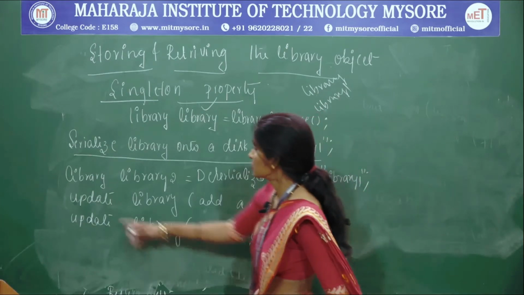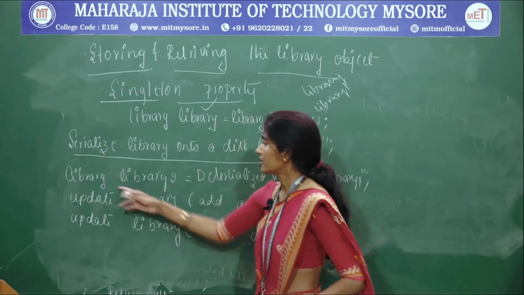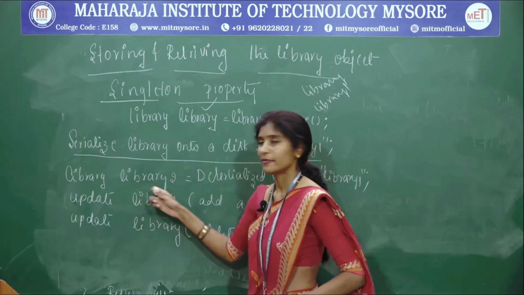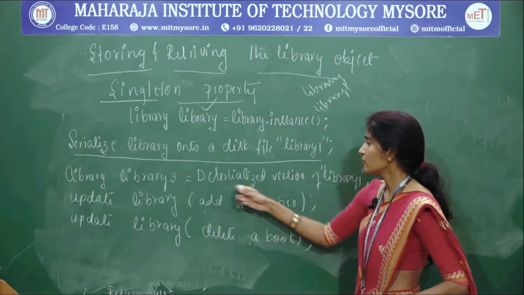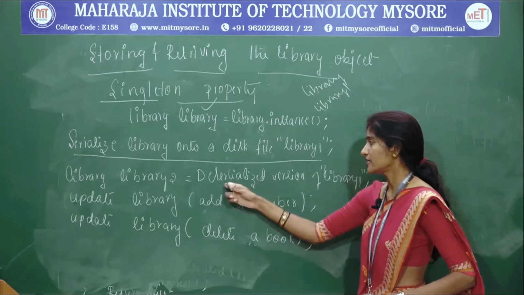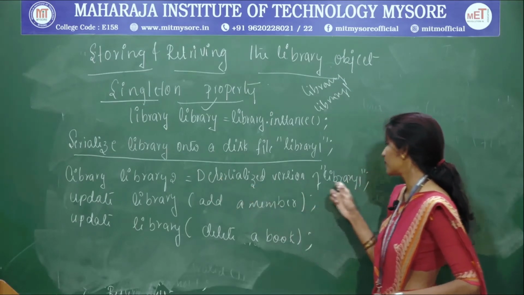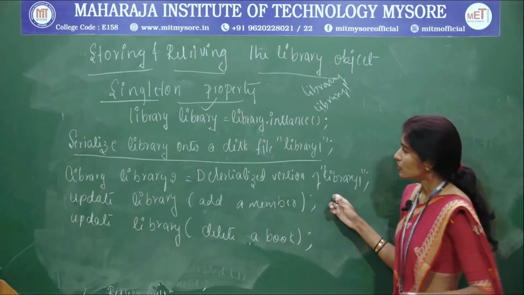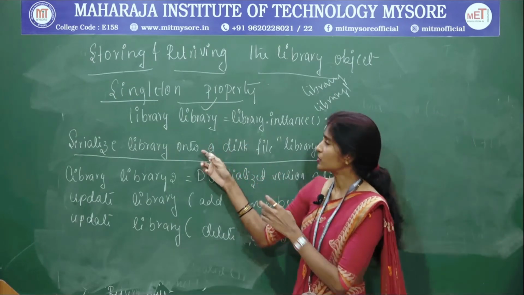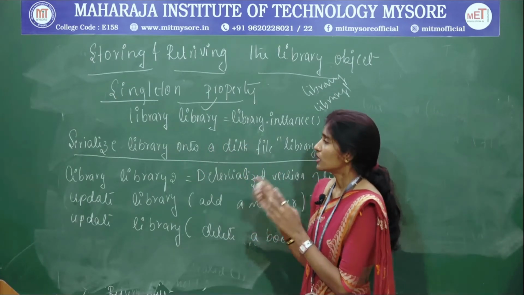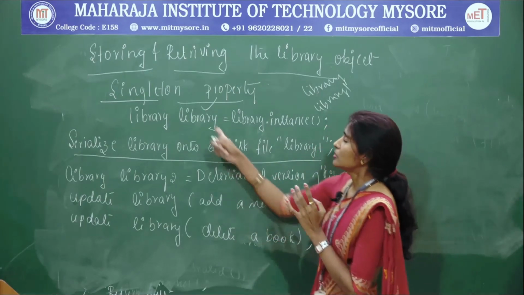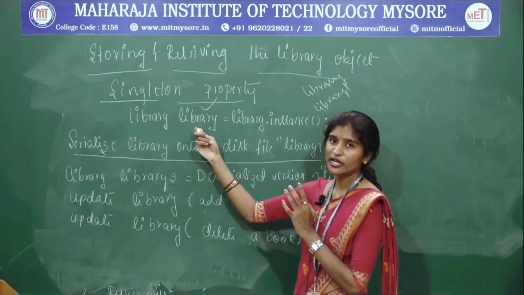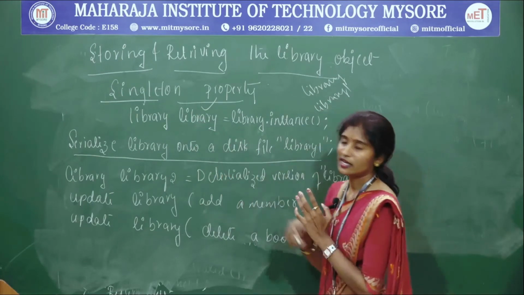Now we'll see what it is doing. It is creating another object, library 2. It is going to use the deserialize keyword on library 1, so it is actually reverting back the operation that was performed here. The serialize operation says to create a library with library 1 in a disk.